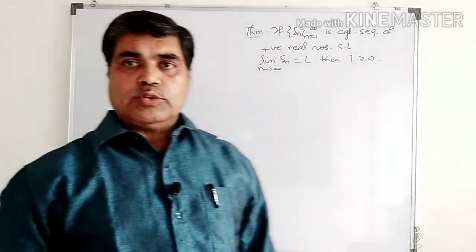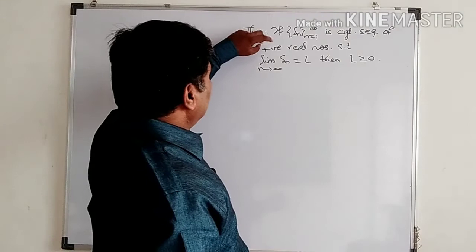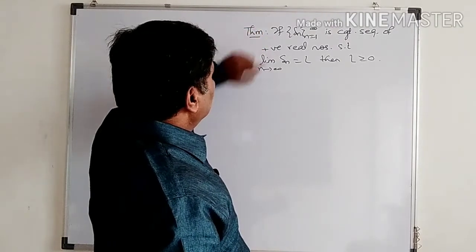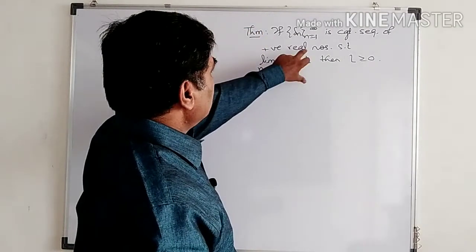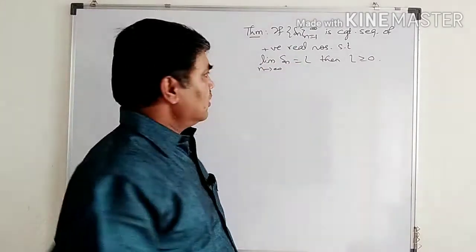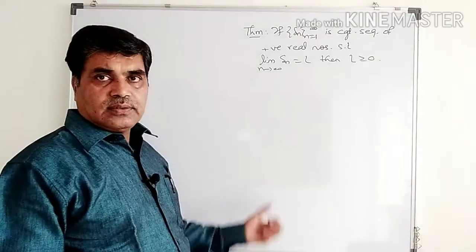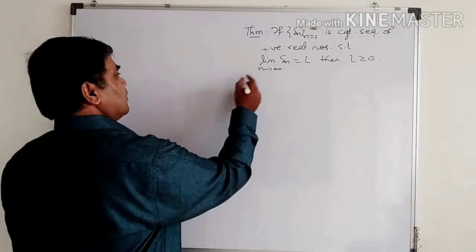Here, even though we are proving the result for a sequence of positive numbers, the limit of Sn is that one. Okay. So proof.